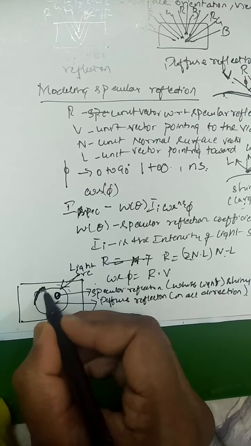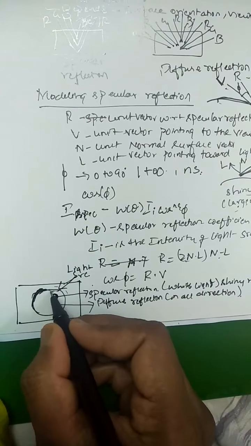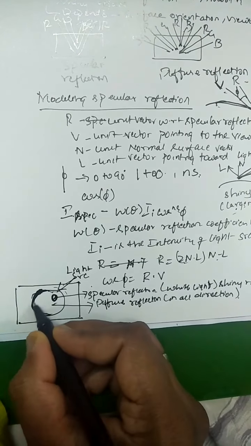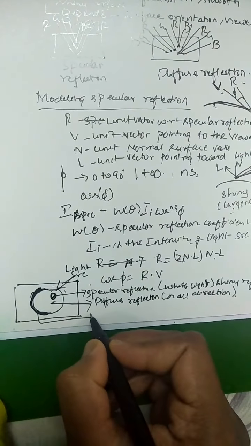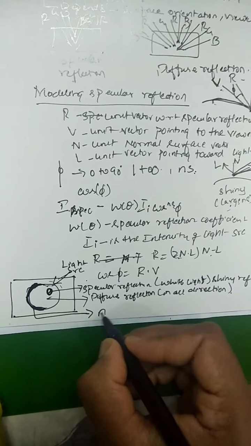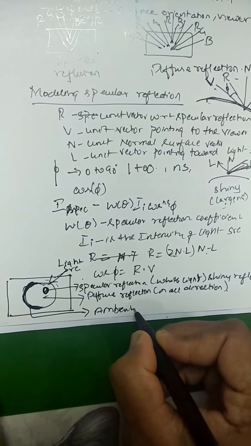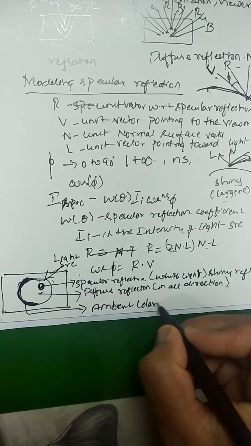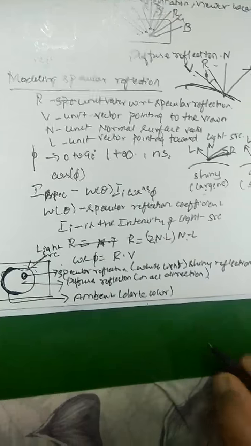We can see this will be very bright, and we can see a dark region of the metal ball. We are able to see the object because of the ambient light, which is the dark color of the object.